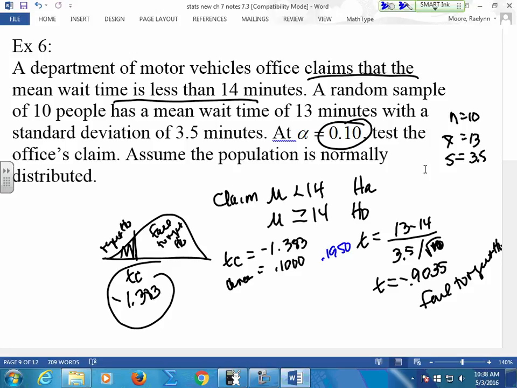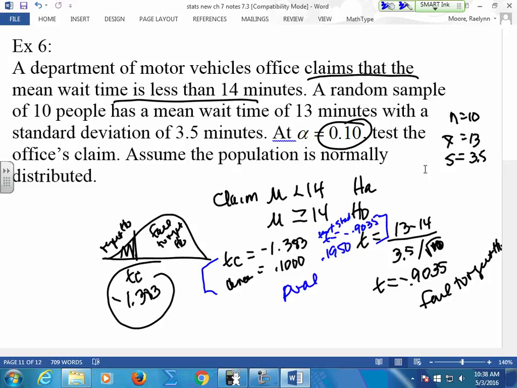So this is my test statistic. The same way we did before, these are related. You test your two T's to find out what area falls in your reject region. You test your two p-values to find out what your p-value test is.